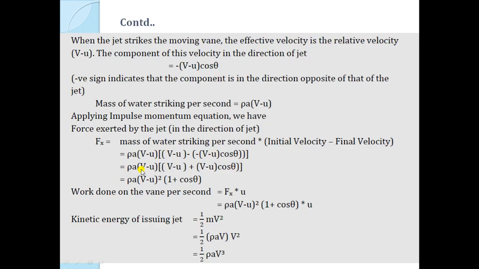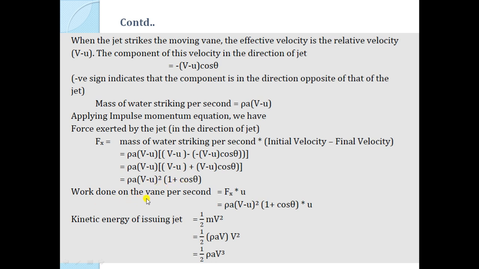So if we substitute and simplify, it is rho A (V minus U) into [(V minus U) plus (V minus U) cos theta]. V minus U you can take common. If you simplify, it is rho A (V minus U) whole squared into (1 plus cos theta).